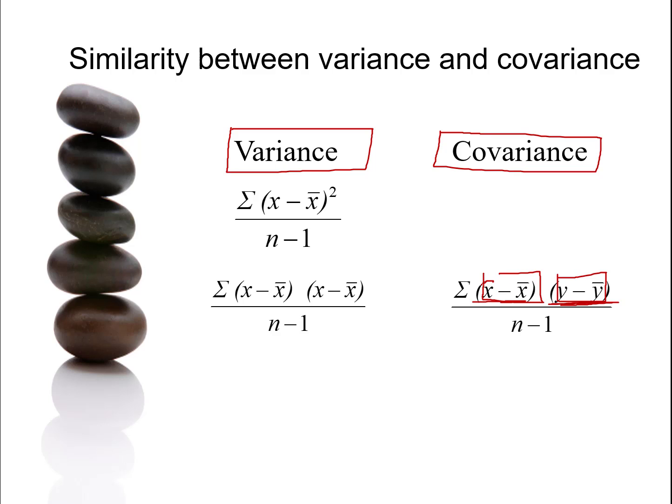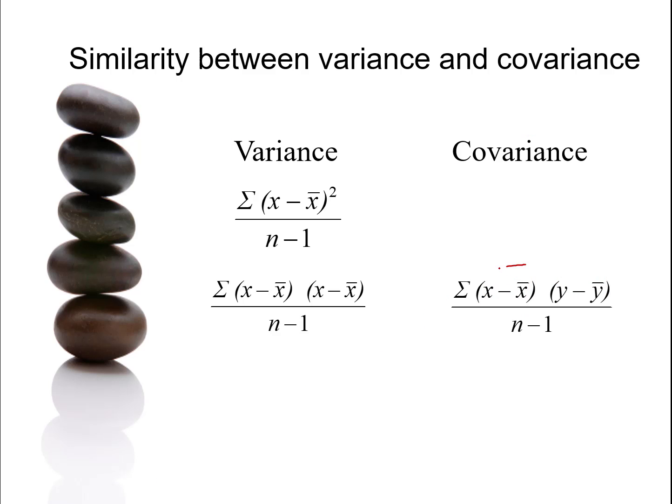So I have each person's score on x, I have each person's score on y, and I center everyone's score on x, x minus x bar. I center everyone's score on y, y minus y bar, and with a covariance, I take centered x times centered y. And I do that for every single person in my sample, sum that up to get, in this case, I'll call this a sum of cross products.